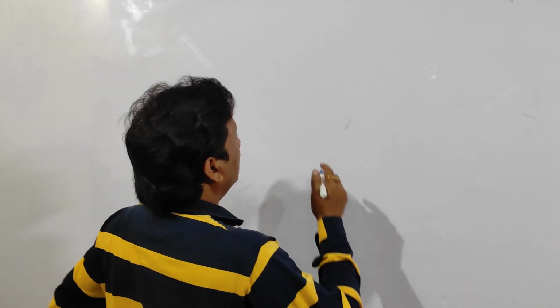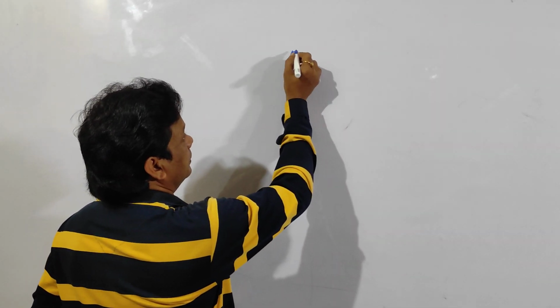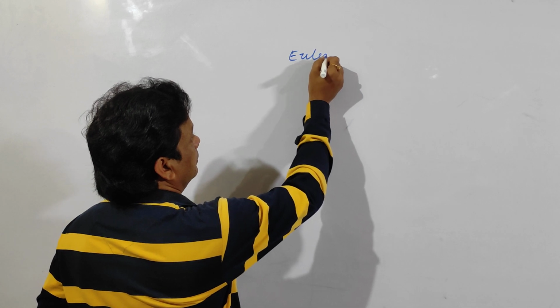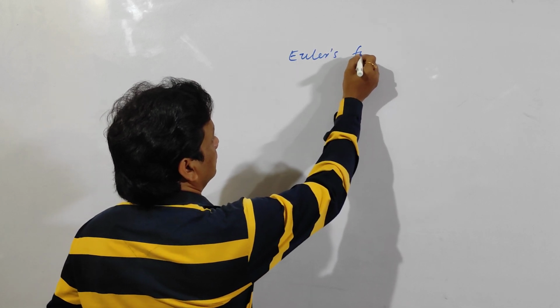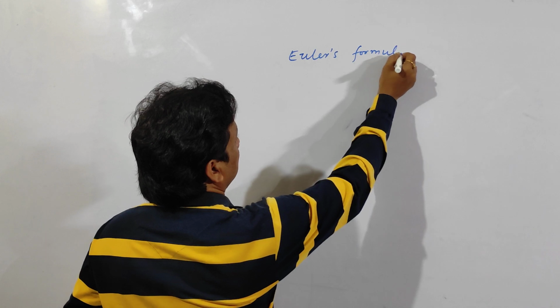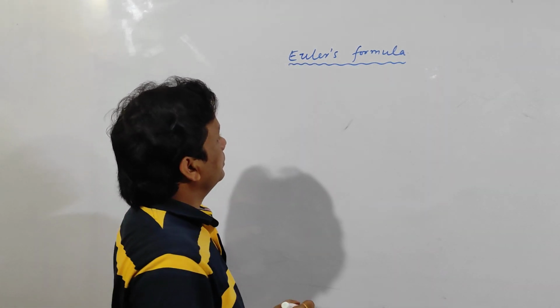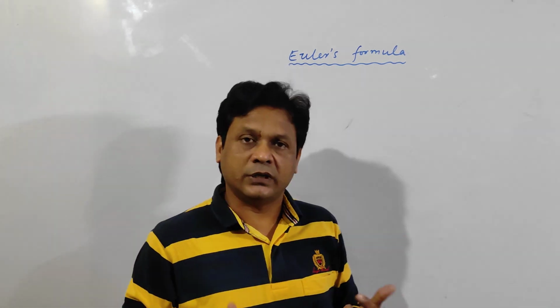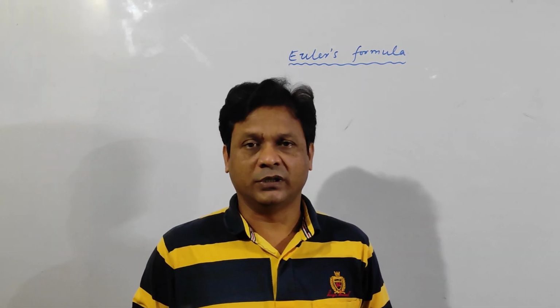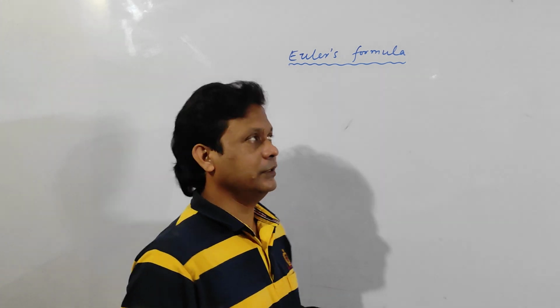Now see here, Euler's formula. The pronunciation is Euler, don't read it as Euler.